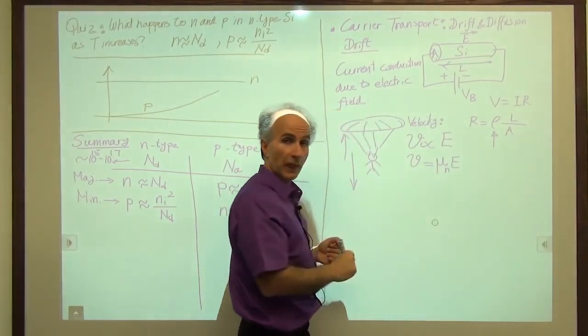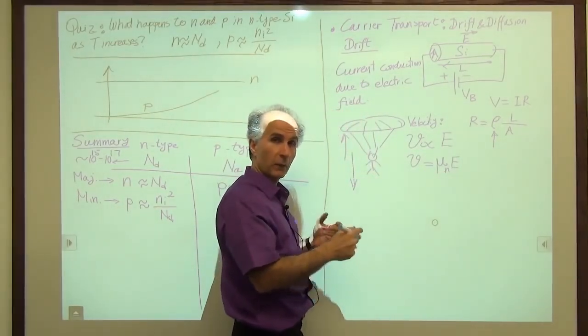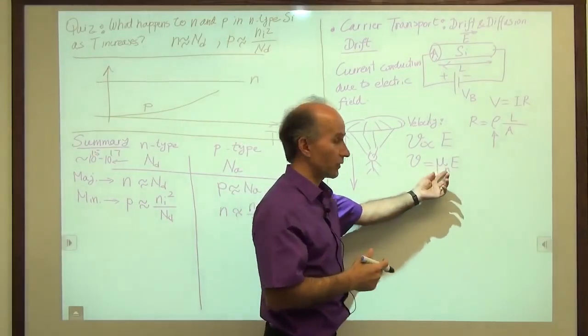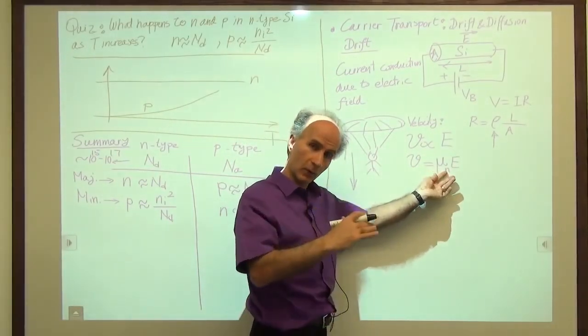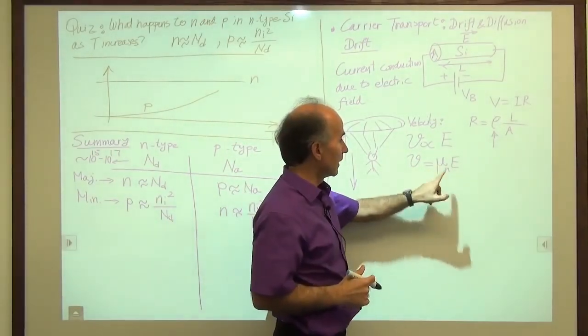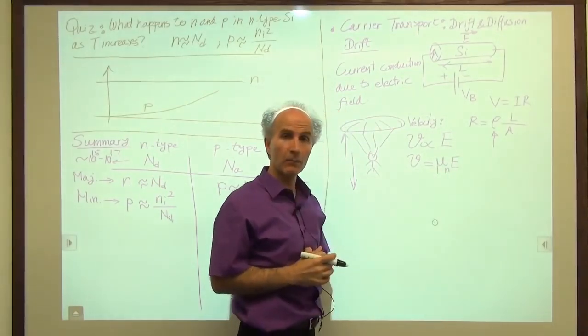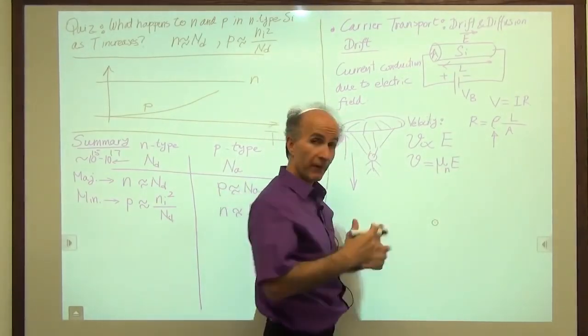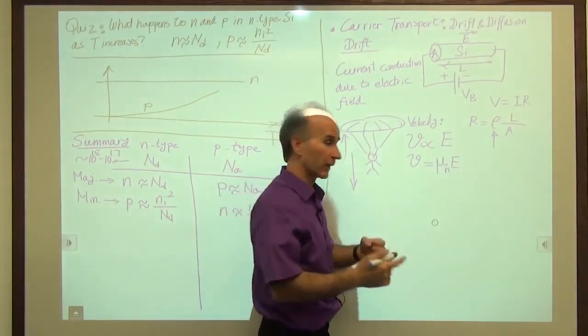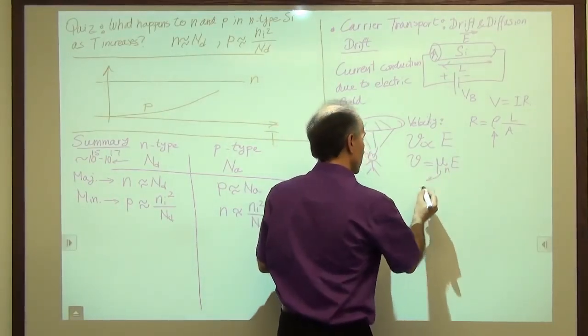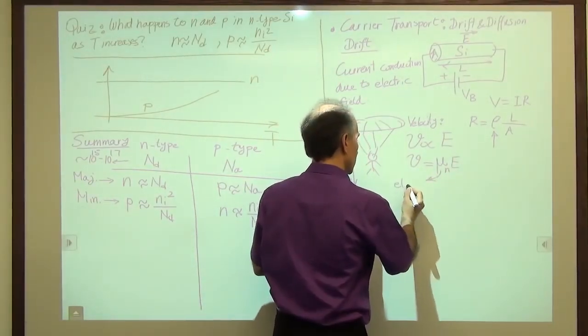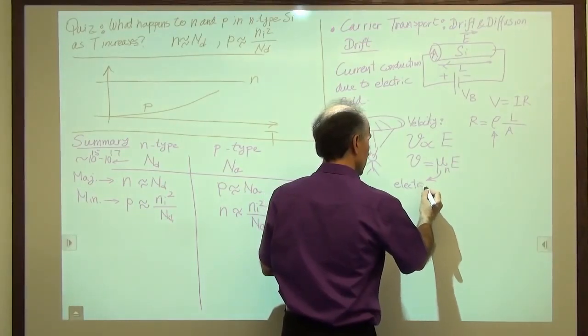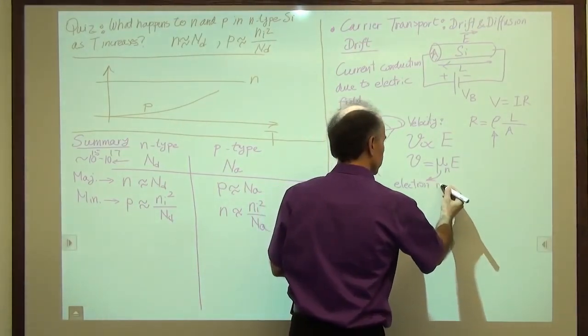N stands for electrons, because we have this coefficient for electrons, we also have this coefficient for holes. And then mu sub n is called the mobility, meaning how fast they can move, how mobile they are. So this is called electron mobility.